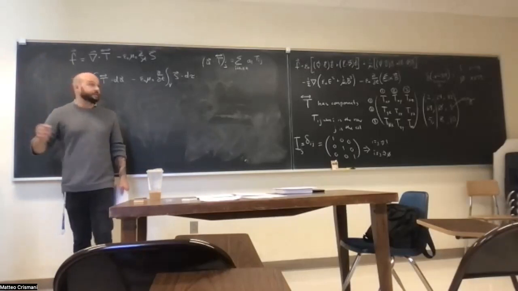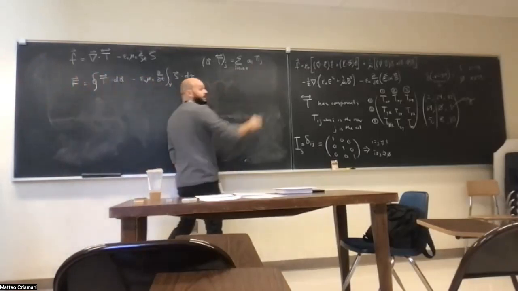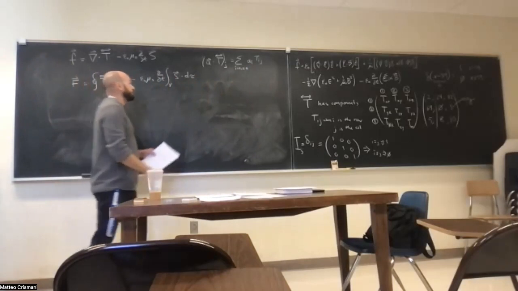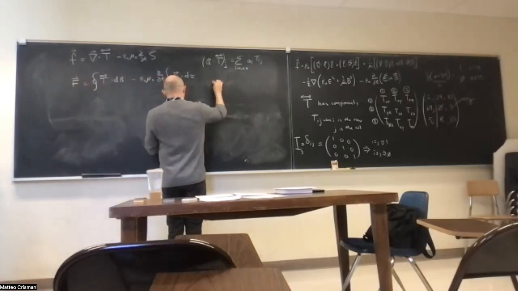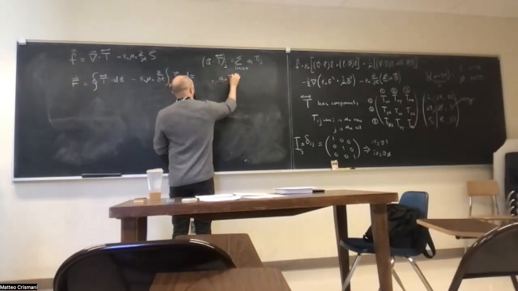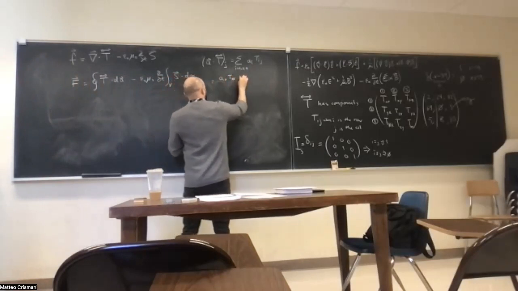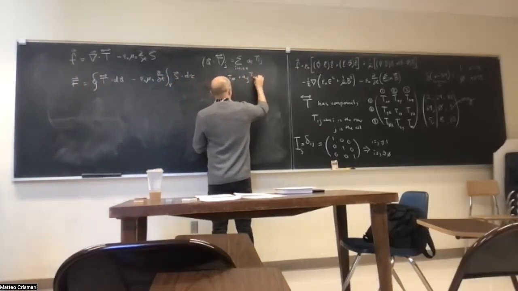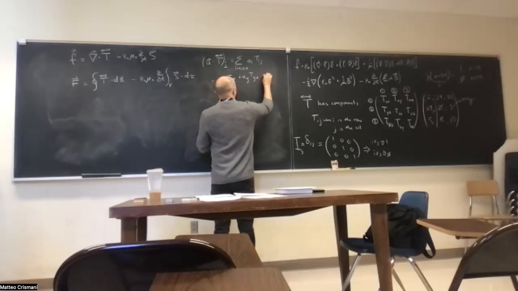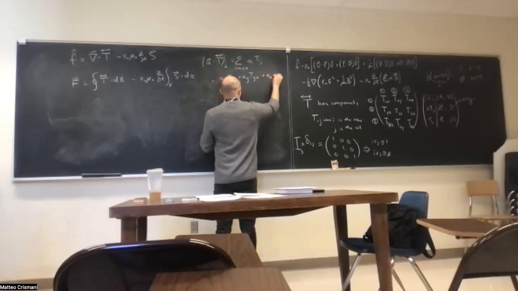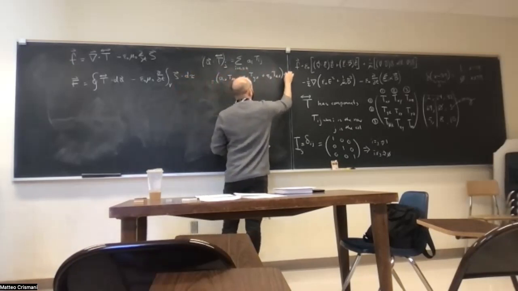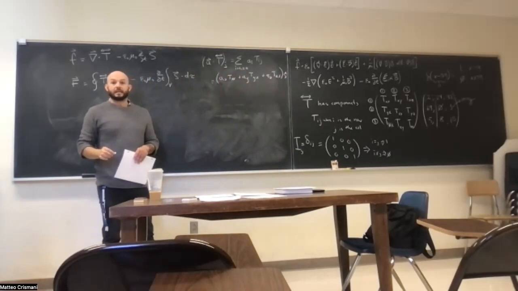Anytime you see repeated indices, let's say you have i and i, that means you sum over those indices. Okay, but I'm going to be very transparent about it here. So you might say something along the lines of A_x T_xx plus A_y T_yx plus A_z T_zx. This will be the x component. And so on and so forth.